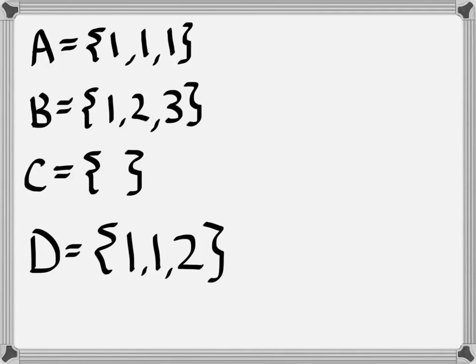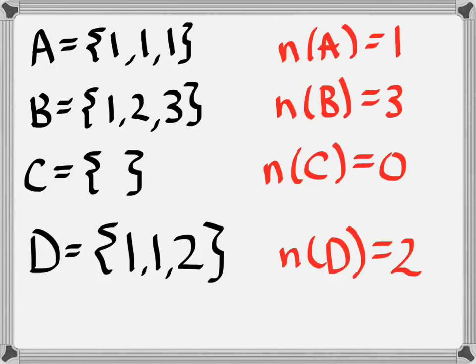If we want to find the cardinality of each of these sets, notice that A has one distinct element. It has the element 1. B has 3 distinct elements, so its cardinality is 3. C has no distinct elements, so its cardinality is 0. And the set D has 2 distinct elements, so its cardinality is 2.